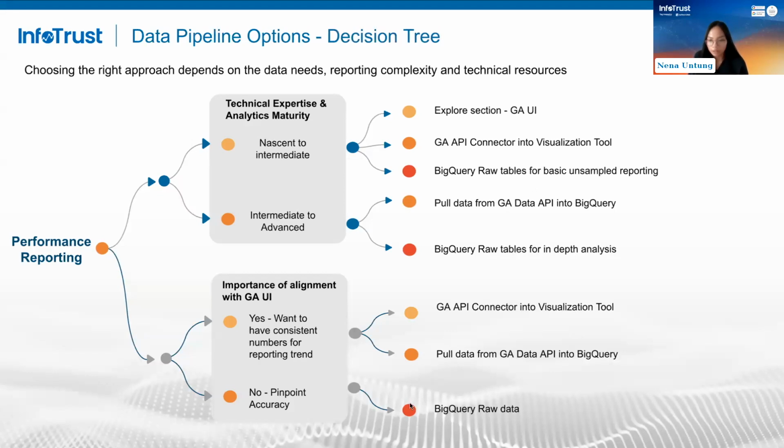And then the other criterion that you should consider when picking a data pipeline is the importance of alignment between the data set and the GA4 UI. One thing to highlight and keep in mind is that the GA4 UI and the BigQuery raw export will not match one-to-one. This is just because they are inherently different mechanisms that process Google Analytics data.